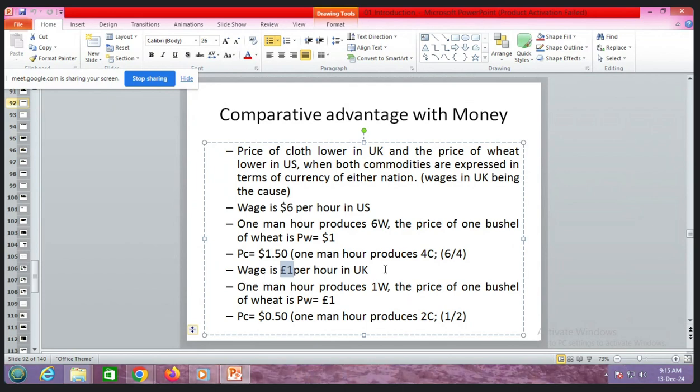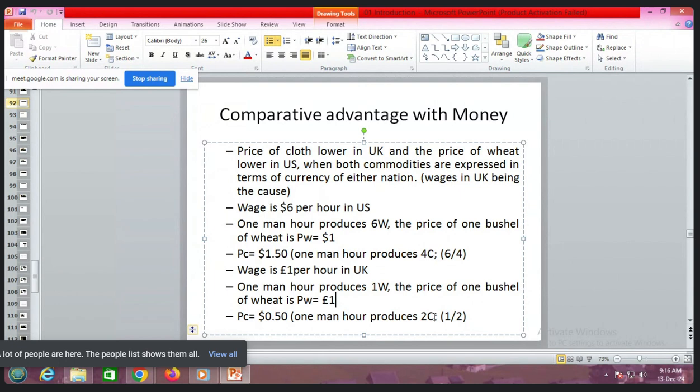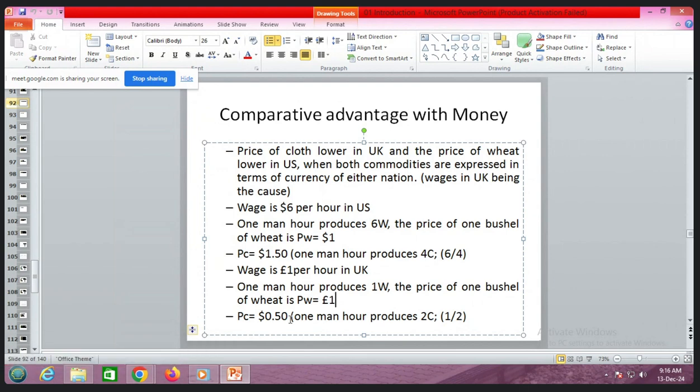So Ricardian theory says that UK's wage is £1 per hour. So if a man hour produces 1 wheat in UK, the price of 1 bushel of wheat will become £1. Okay, and similarly, 1 man hour produces 2 yards of cloth. So the price of cloth will become 0.5.